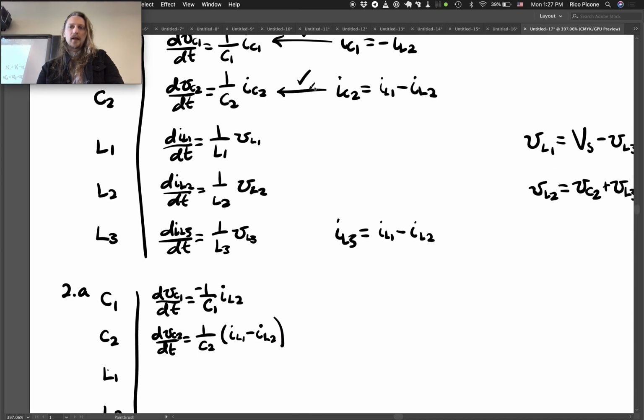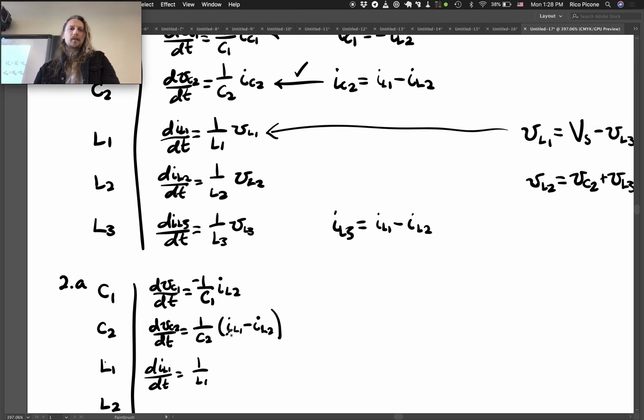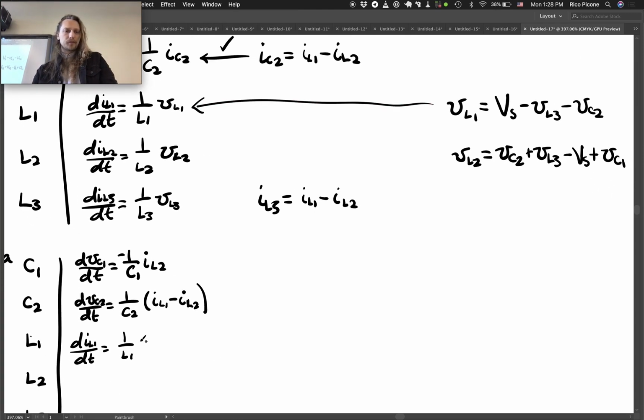Now we'll plug in the compatibility equation for L1. So we've got dIL1 dt equals 1 over L1 times, it's going to be VS minus VL3 minus VC2.